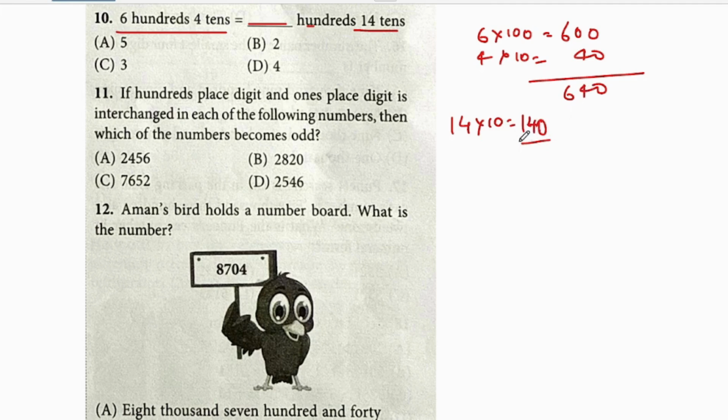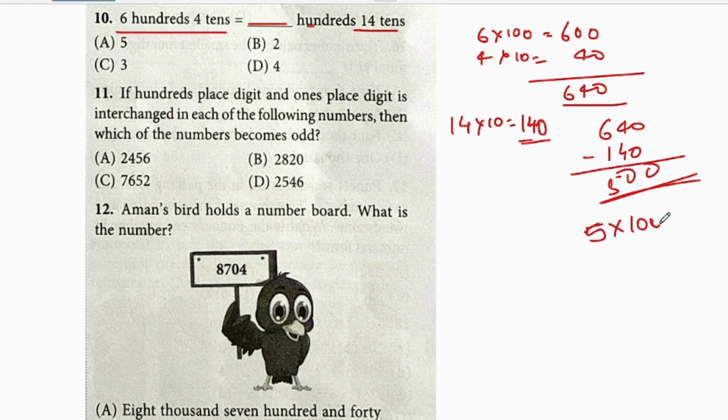Let's subtract this 140 from this number to find out how many hundreds are there. 640 minus 140 is 500. It means how many hundreds are there? It is having 5 hundreds. Your answer is 5.